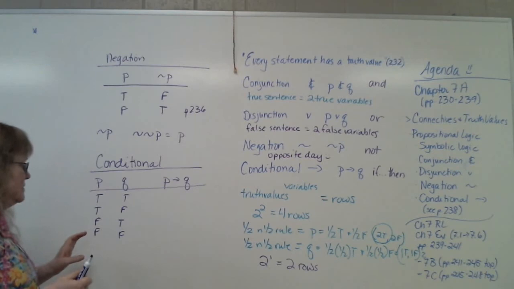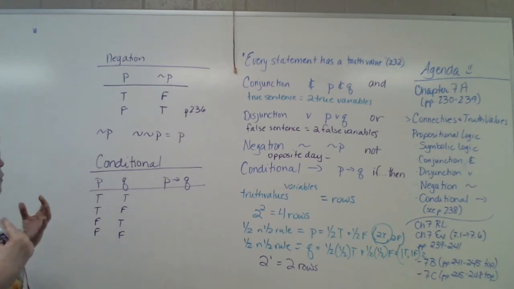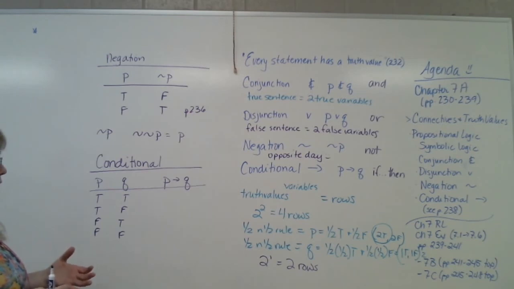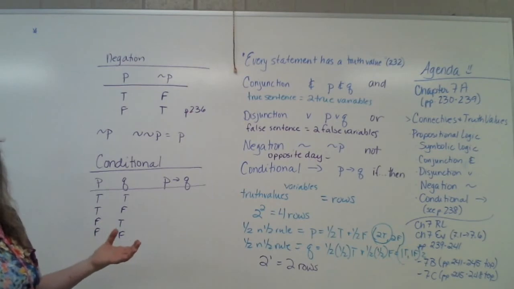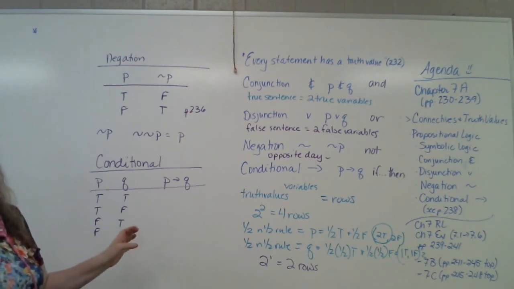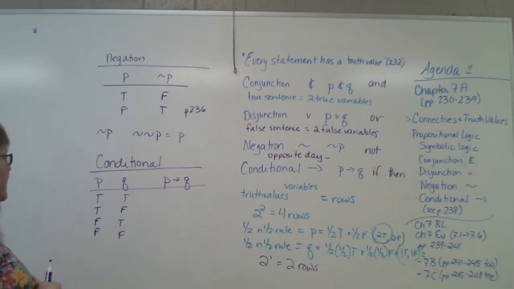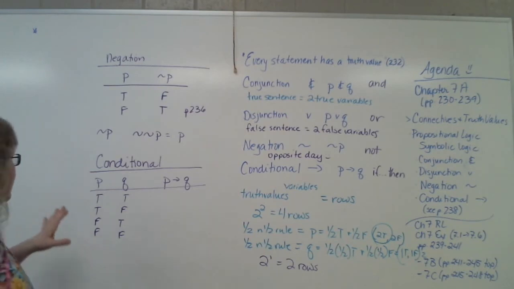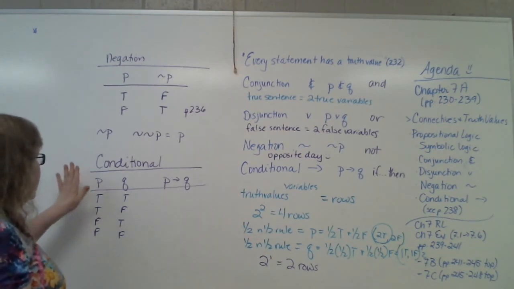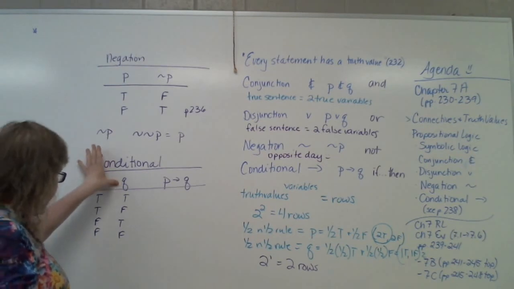Now, we are looking at a conditional statement, okay? If I get my lessons done, then I can read my book. Okay, it's my hope every day. It doesn't happen very often. So if I get my lessons done, I can read my book.